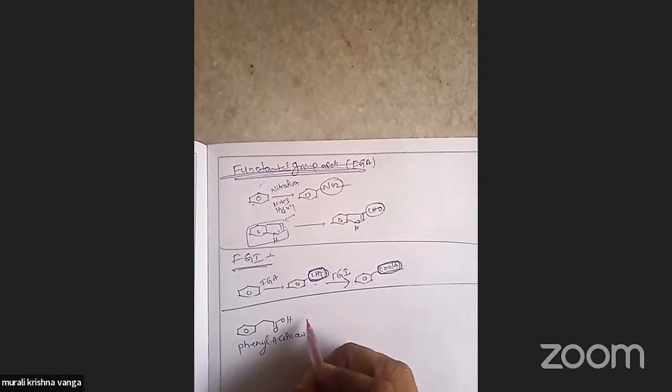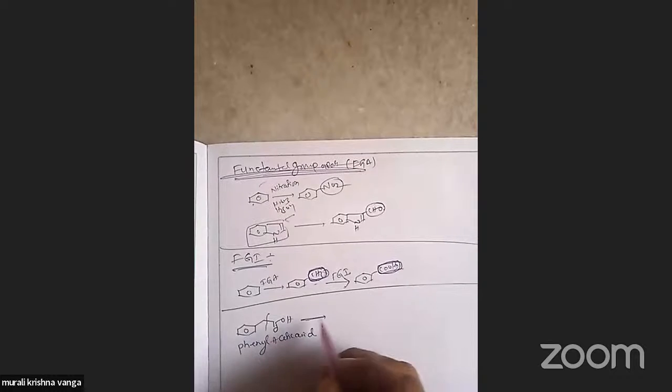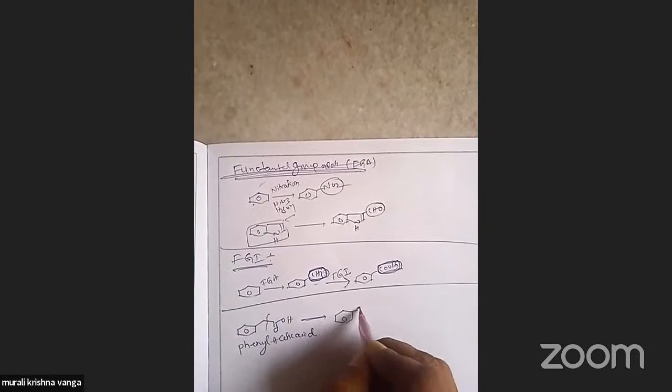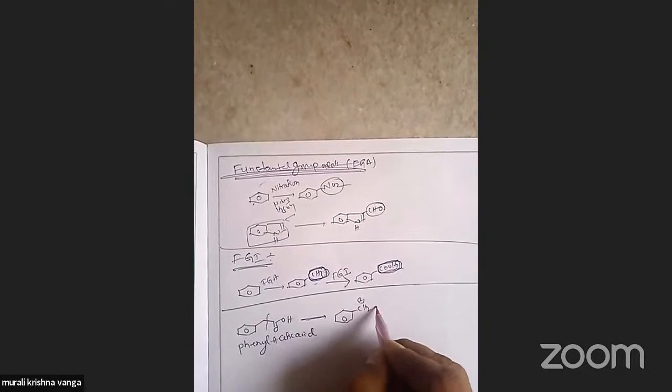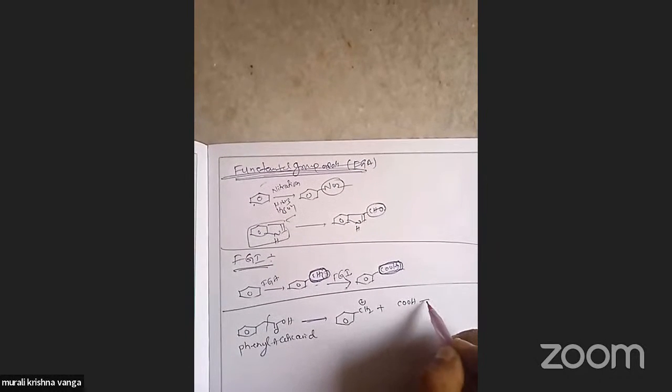When it undergoes disconnection at the alpha bond, it gives benzyl carbocation and carboxylic acid. This carboxylic acid is converted into a cyano group.